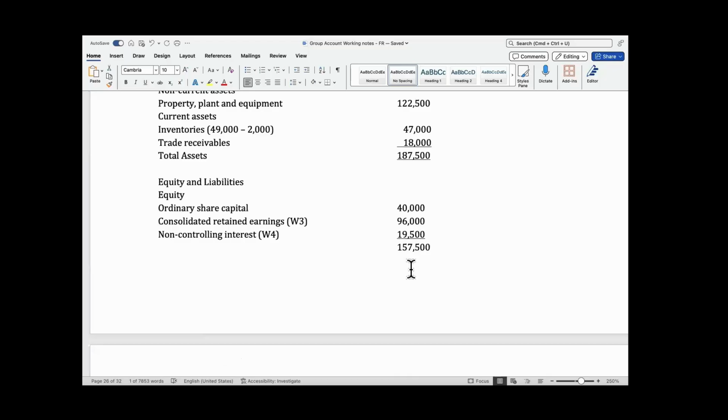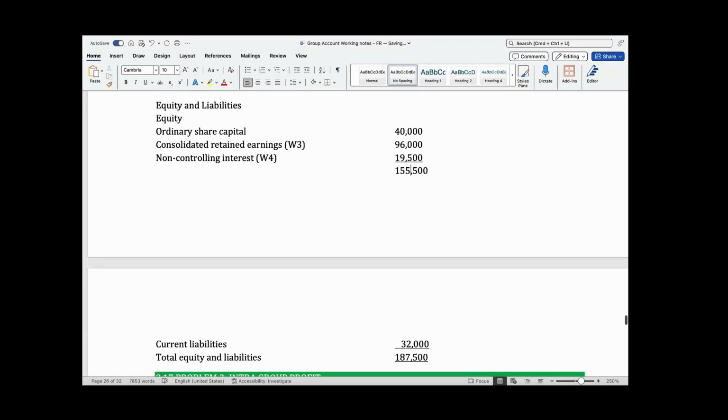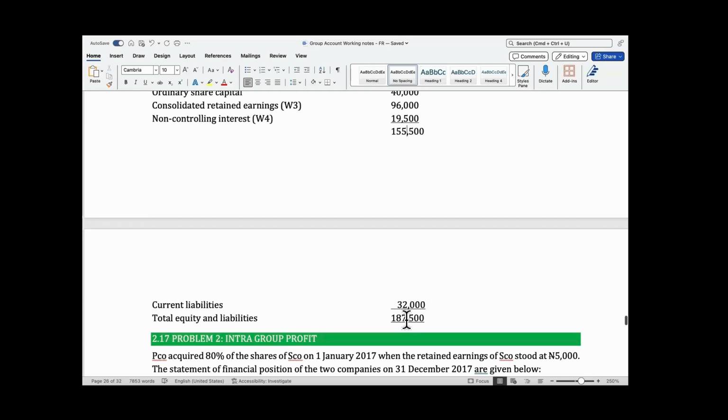If we add these three together, what will it give us? 40,000 plus 96,000 plus 19,500 is 155,500. And what about this? Plus 32,000.